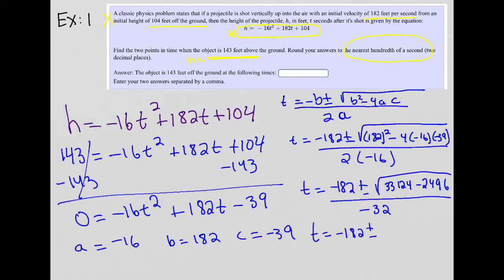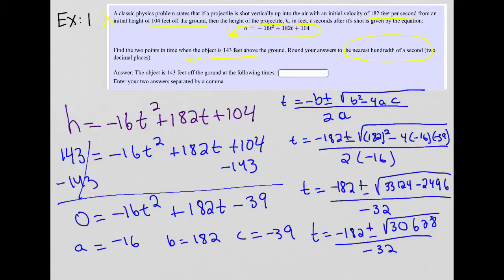So now we just have to go ahead and subtract that. 33,124 minus 2,496 gives me the square root of 30,628 over negative 32. Now, is that a perfect square?